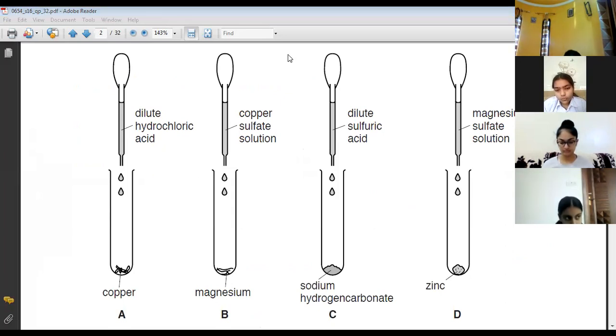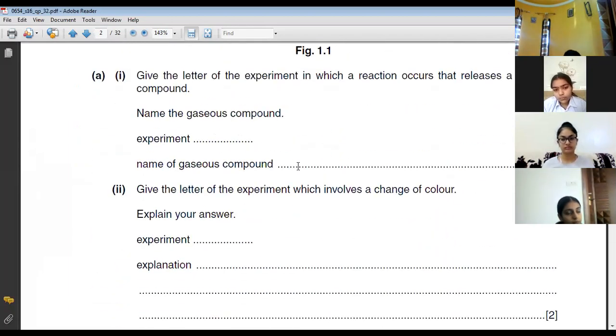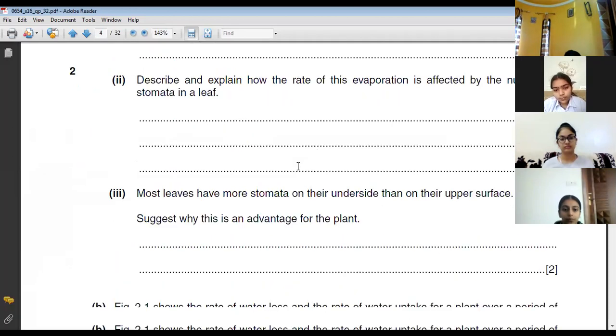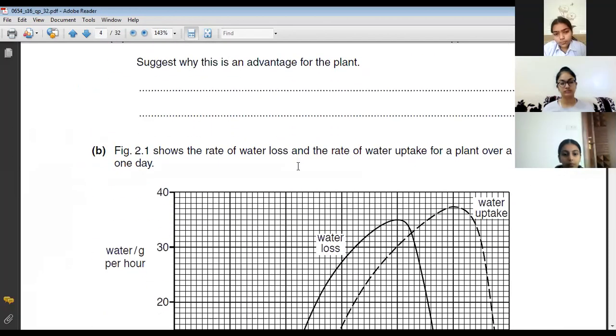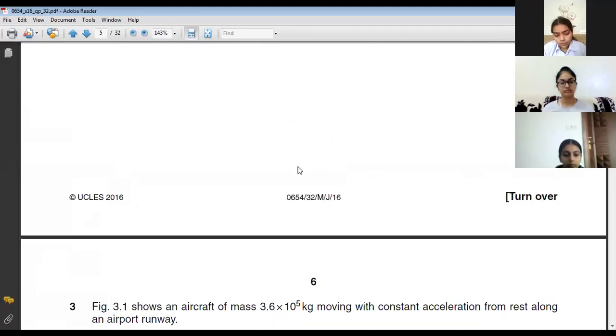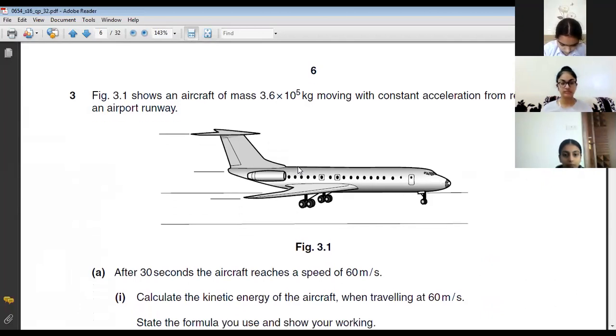Okay, so are you all able to see the screen? Yes, ma'am. Let me just drag to the physics portion. This is biology, then chemistry. Okay, this is the physics question. See the aeroplane.